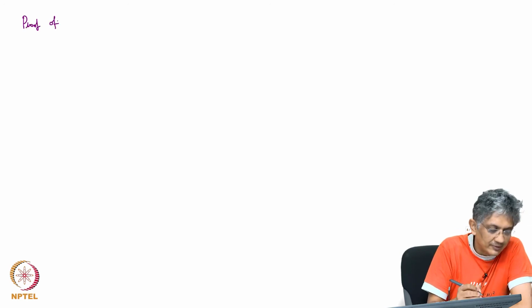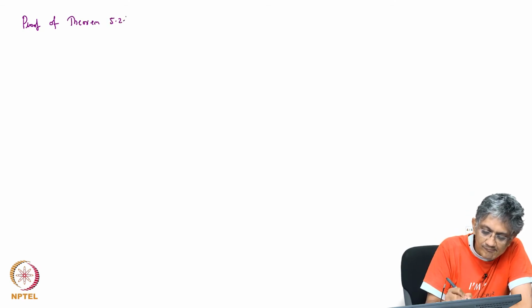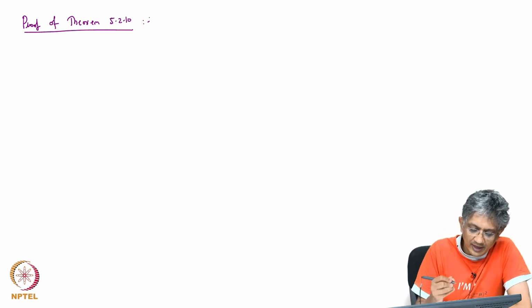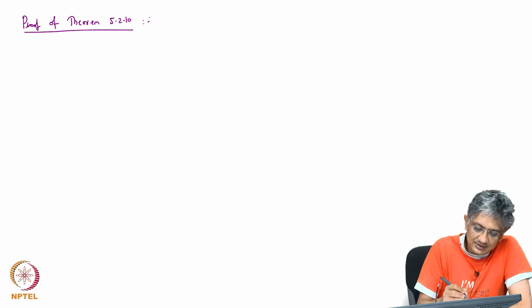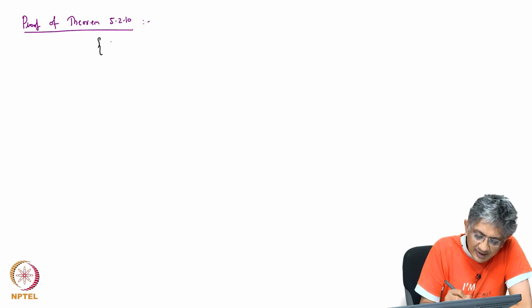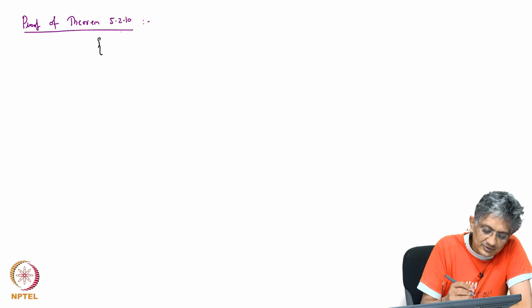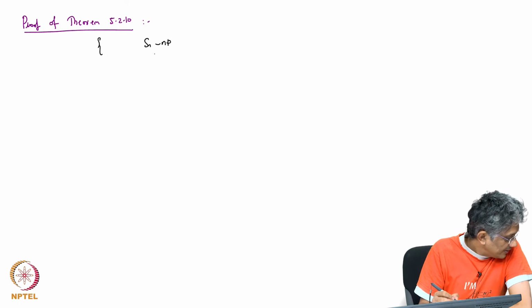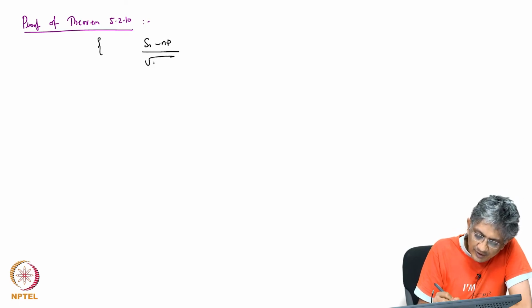Here you have to understand what our events of interest are, and how these events behave. So the event was Sn minus Np divided by the square root of Np times 1 minus p is between a and b.